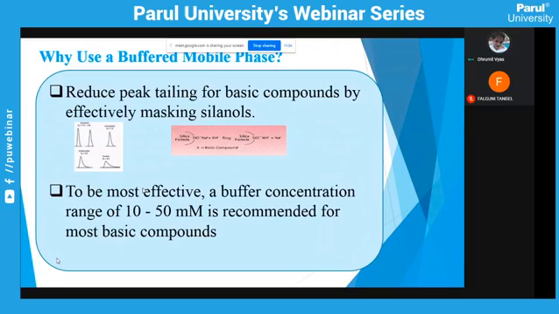We specifically face this type of problem with basic compounds. If we use the buffer, it will mask the silanol groups which are available in the silica of the HPLC column, and because of that we can reduce the tailing of that particular peak.